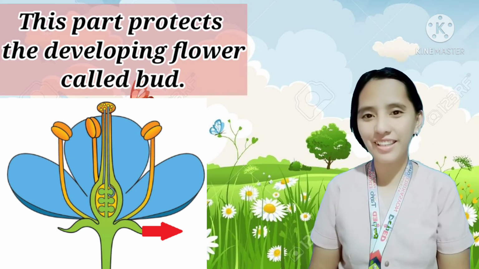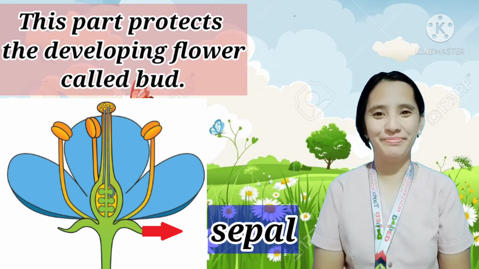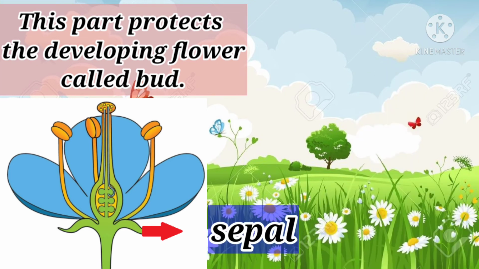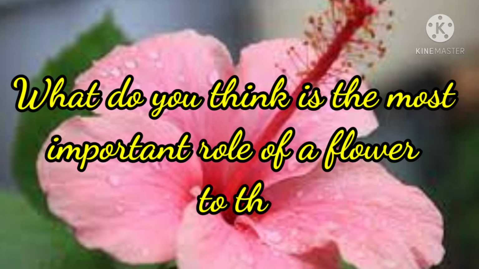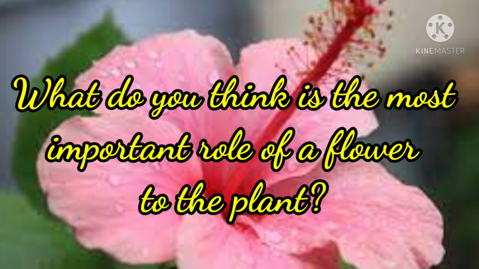The answer is sepal. Congratulations for doing great. Now that you have learned the different reproductive parts of a flower and their functions, do you think you can answer this question? What do you think is the most important role of a flower to the plant?